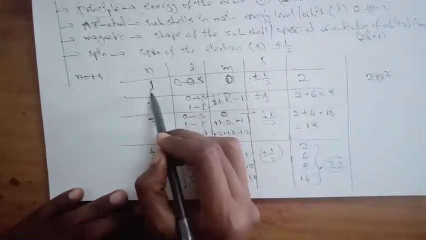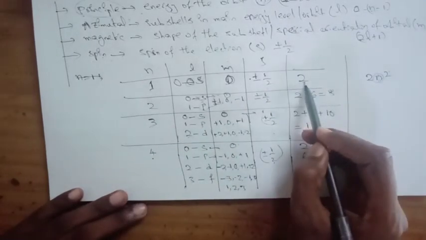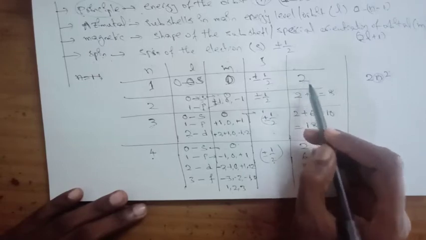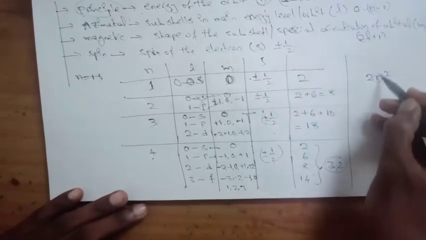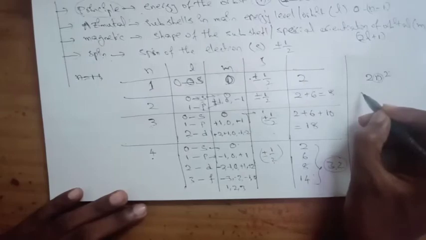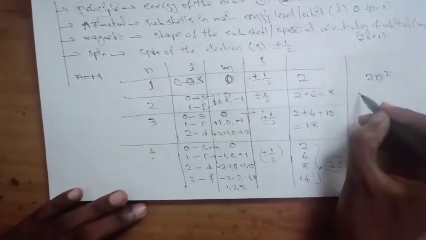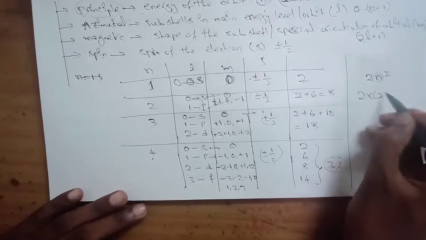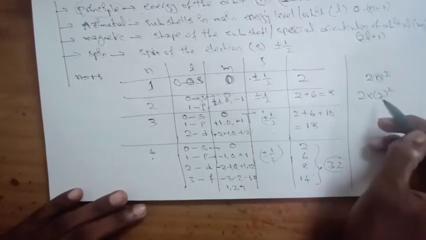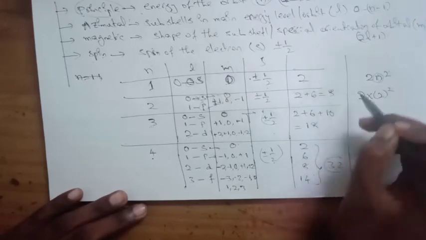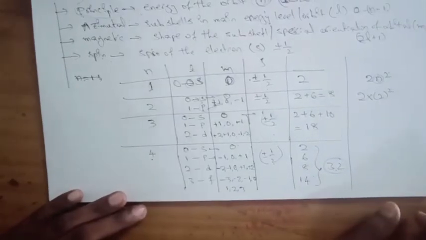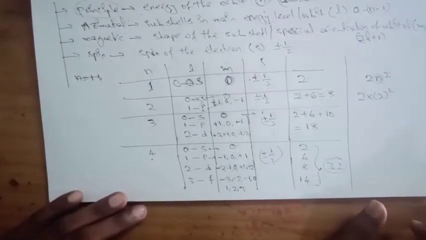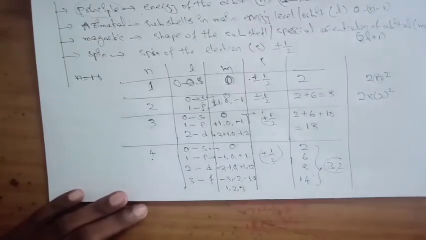That means when n equals 1, the number of electrons is 2. If the main energy level equals 2, the total number of electrons becomes 2 into 2 square. 2 square equals 4, 4 into 2 becomes 8. Like that we can do it for all the main energy levels.